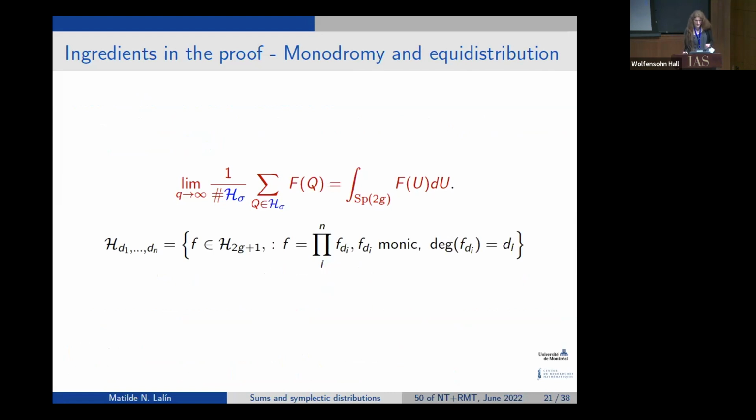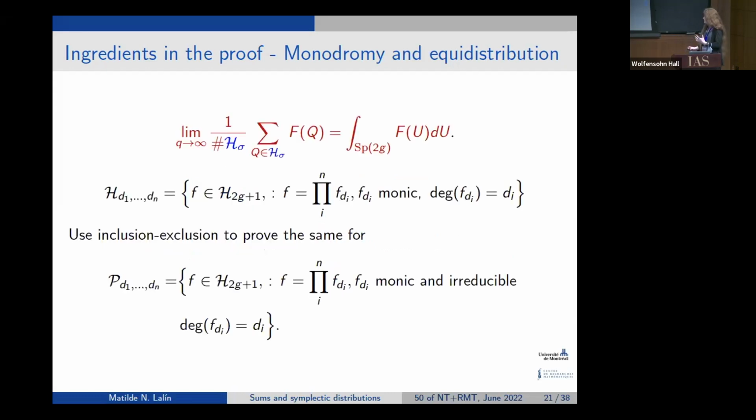Now, once we have that, if we want the primes, we really want the factorization type, but that is relatively elementary compared to the other thing, some inclusion-exclusion argument.